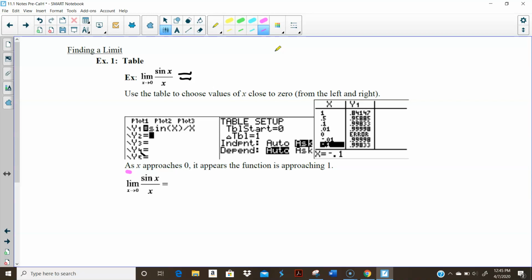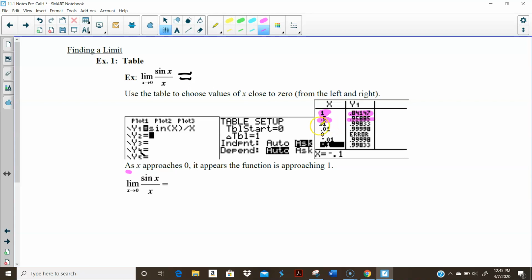First off, we're going to start from the right-hand side of 0. When I plug in 1, f of x is 0.84147. And again, I'm moving to the left towards 0, when I plug in a half, f of x is equal to 0.95885.